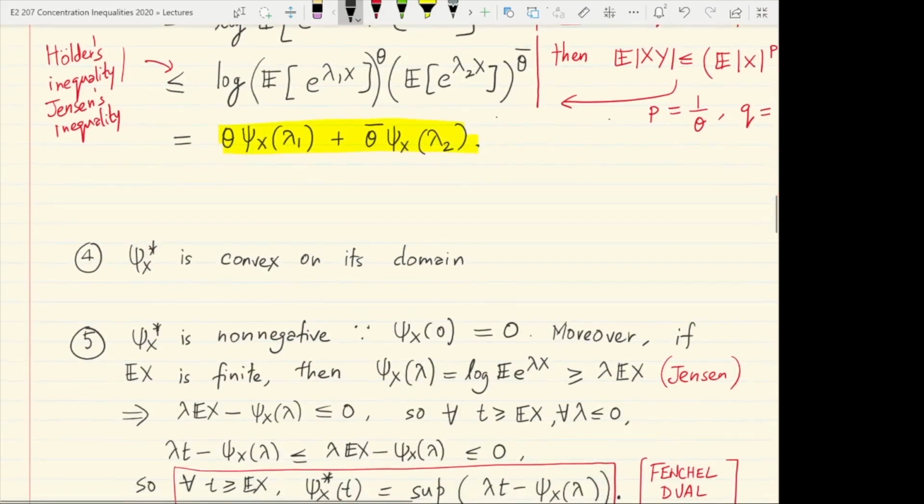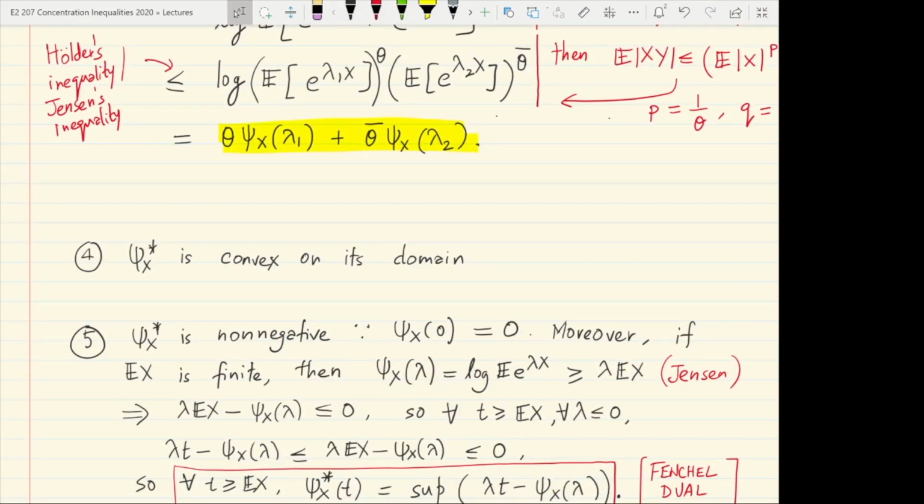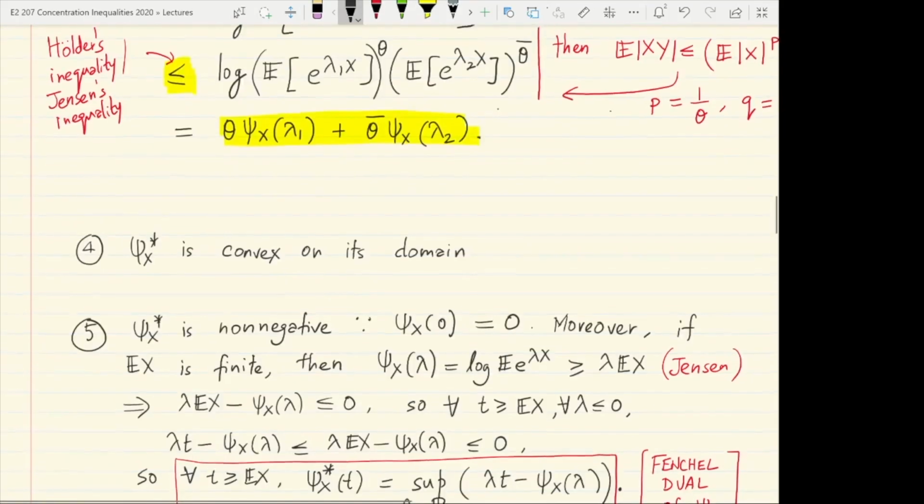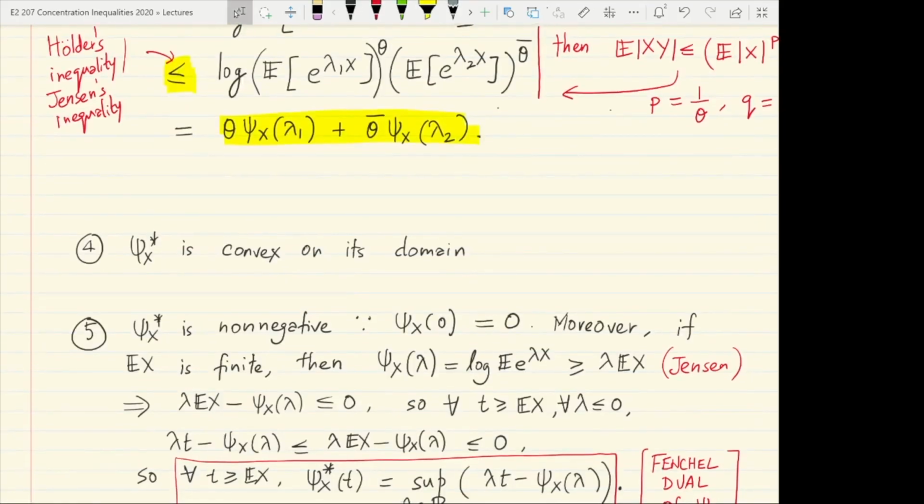Okay, now we want to argue that there is strict convexity, which means that the inequality here is always strict, if x is non-trivial. So this is also easy to show. So with equality, if and only if.